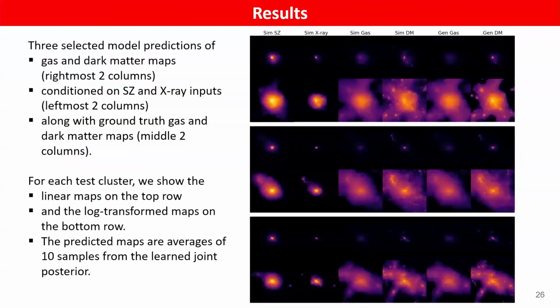I just wanted to show some other results around this. Here you can see three sets of results. These are the inputs, the SZ and X-ray images. These two columns are the true gas distribution and dark matter distribution. And this is what we got as estimations using this score-based diffusion. This is for the gas distribution, and this is for the dark matter distribution. The first row just shows the predicted output scaled between 0 and 1.